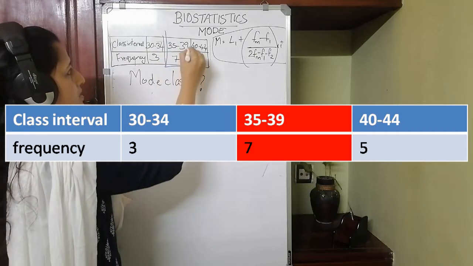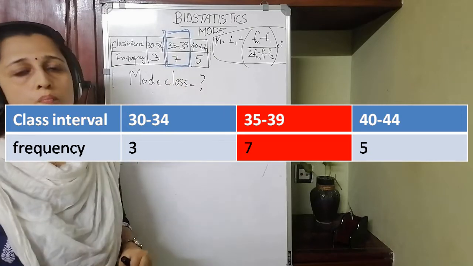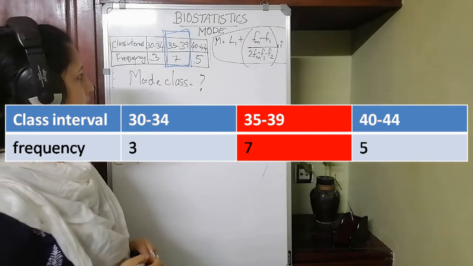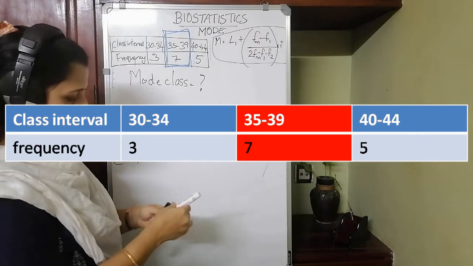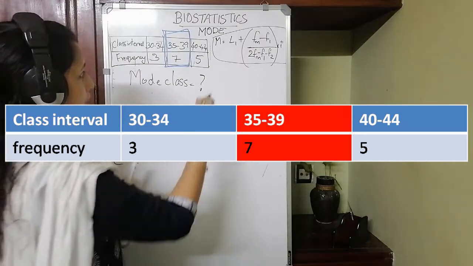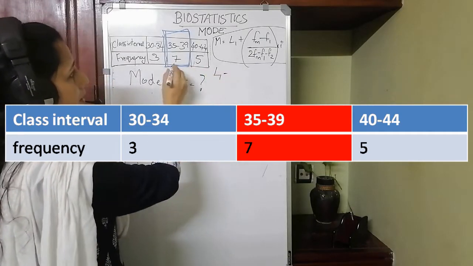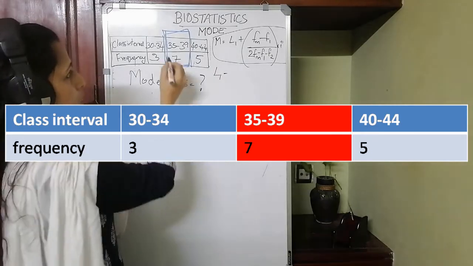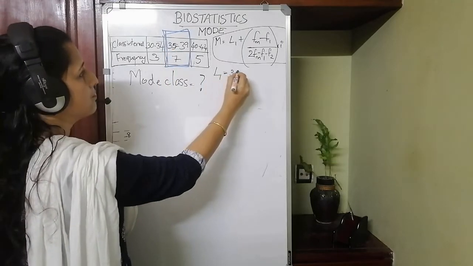So this is the mode class. We have identified the mode class, and now we have to find the value of L1. L1 is equal to the lower limit of the mode class, which is 35.